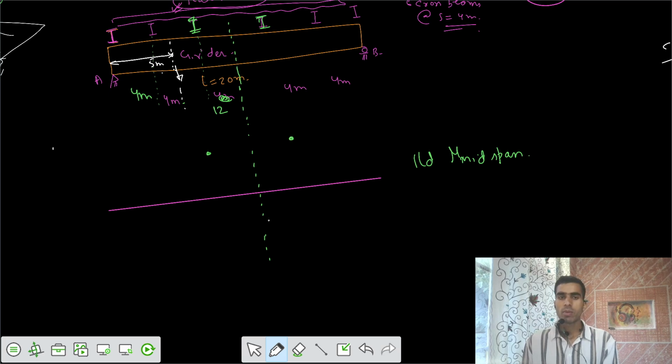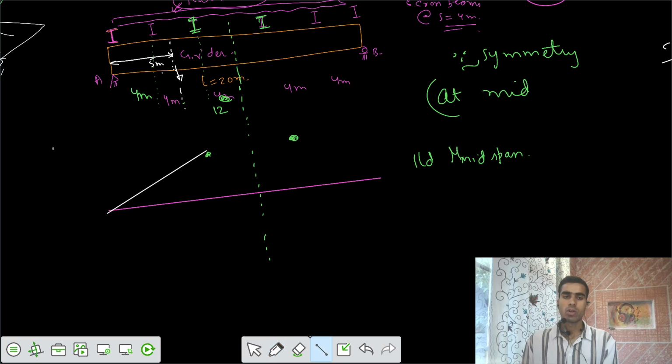At that point we have some ordinate here, and from this side also we have some ordinate. Because we have symmetry, our ordinates on two sides would be the same, because our section is at midspan. They would be equal. Now I have to join those by a straight line.